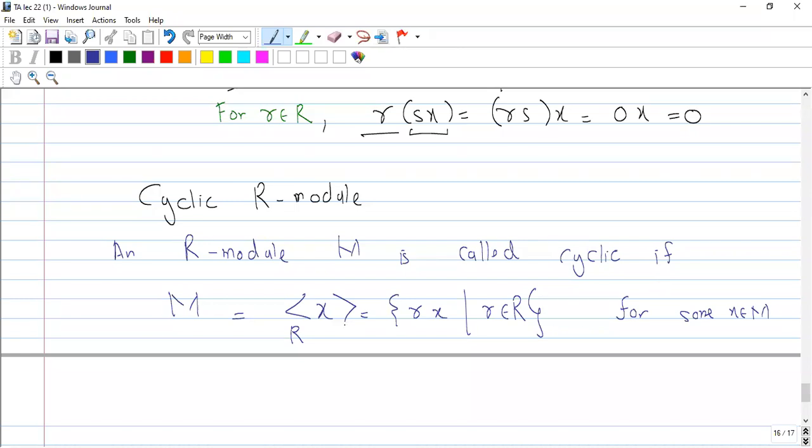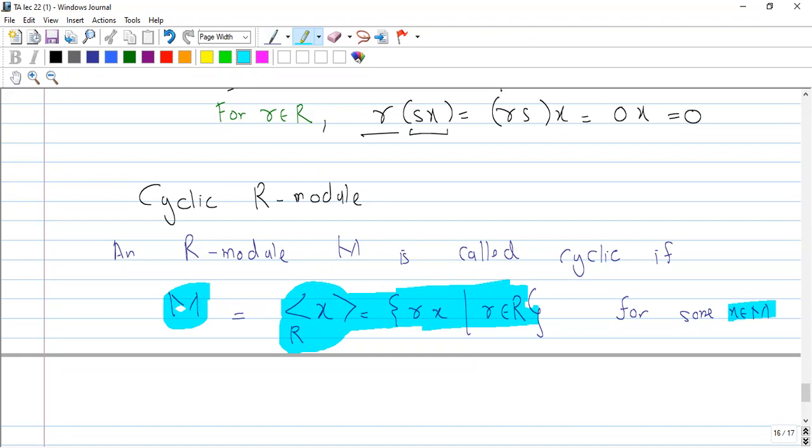We know this is a trivial thing, that whenever x is an element of M, by taking all scalar multiples of x you can make a submodule which could be written in this way. But if the whole M is equal to the submodule generated by x, then we will say that M is a cyclic R module.